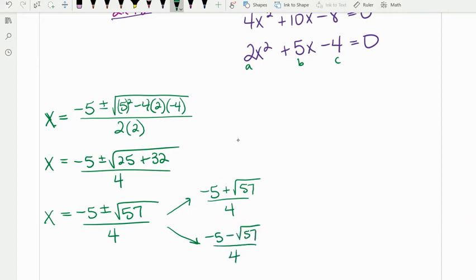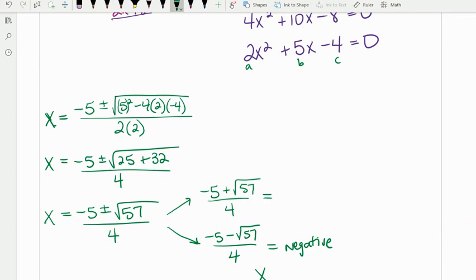I can look at the second one and know that this answer is going to be negative. That's not the one I want, because I'm going to have a negative minus another number, which just makes it more negative, and then divide by a positive. So the first one is the one we want to get our positive result.